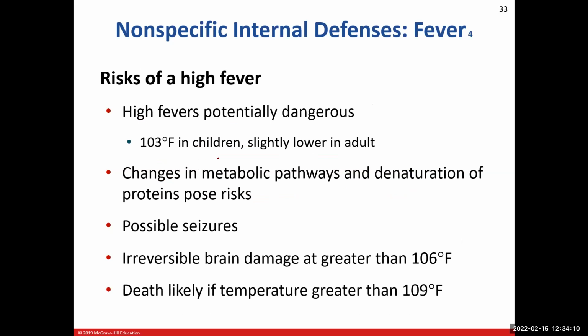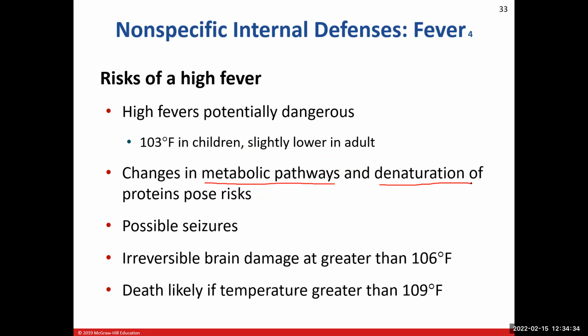Yes, it can be potentially dangerous here, and big time, because it can change how tissues undergo certain metabolic pathways. But really, what we want to make sure is we don't want your proteins to undergo denaturation. That's basically when the proteins start to unravel or unfold.